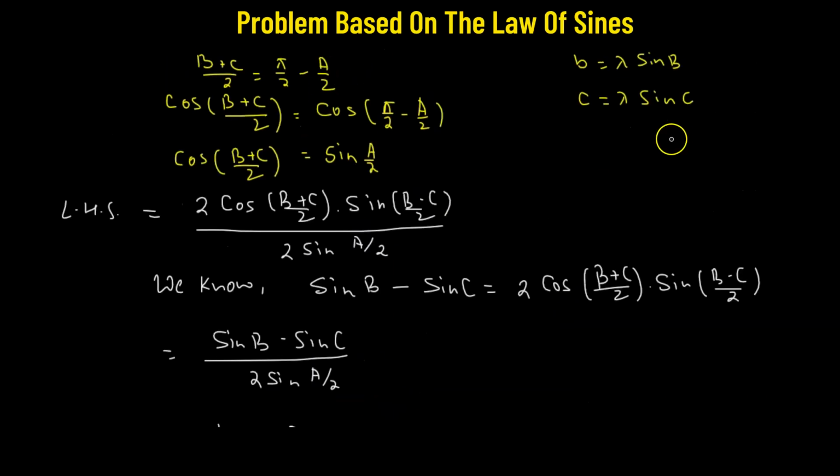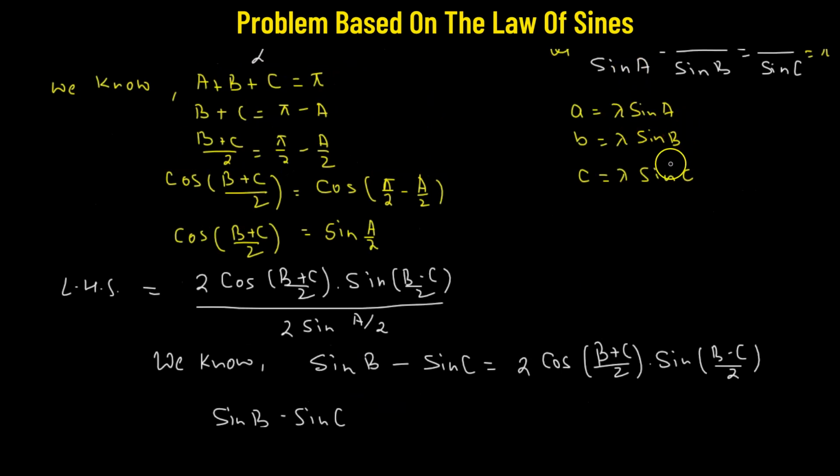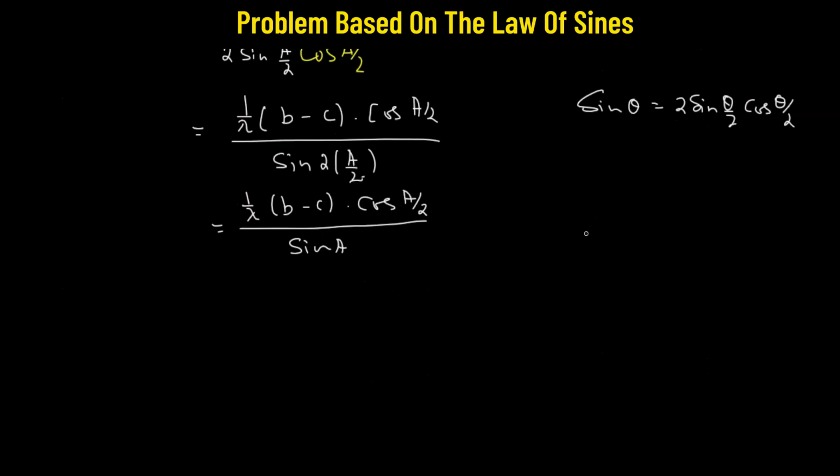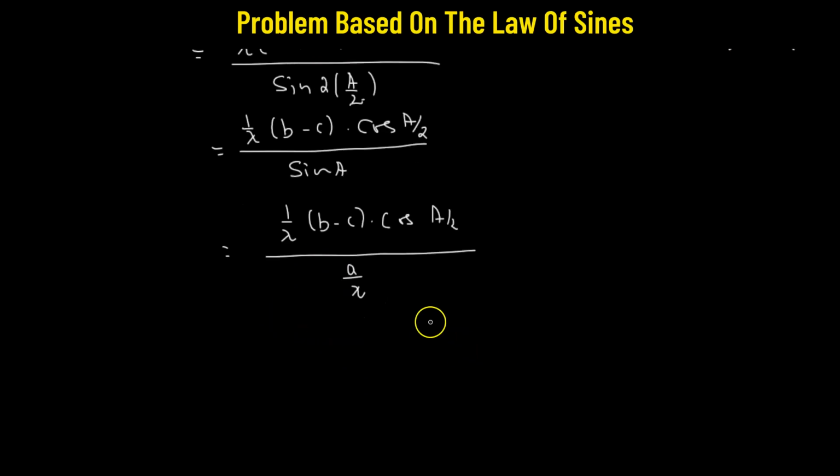We have defined that a is equal to lambda times sine A, so sine A will be a over lambda. So let's substitute it here. We can factor out 1 over lambda from both the numerator and the denominator. And the final value is going to be (b minus c) divided by a times cosine of A over 2. And this is the expression on the right hand side, hence proved.